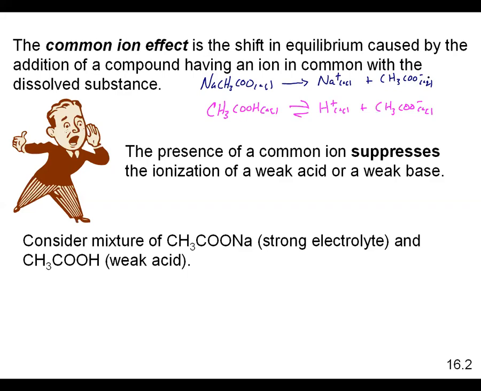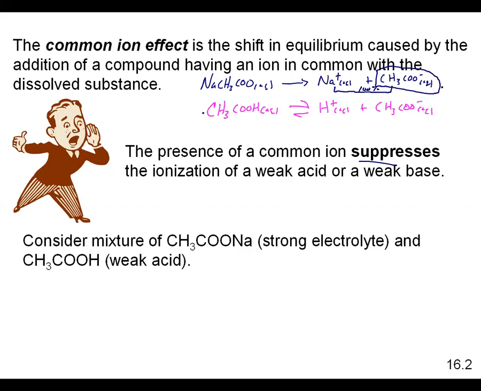So unlike our weak acid over here, it's not going to set up an equilibrium in solution. This is what you're going to have, 100%. You're going to have these ions floating around. Now, what it means that the presence of a common ion will suppress the ionization of a weak acid or weak base is just this. The ion that's in common here is our acetate ion.